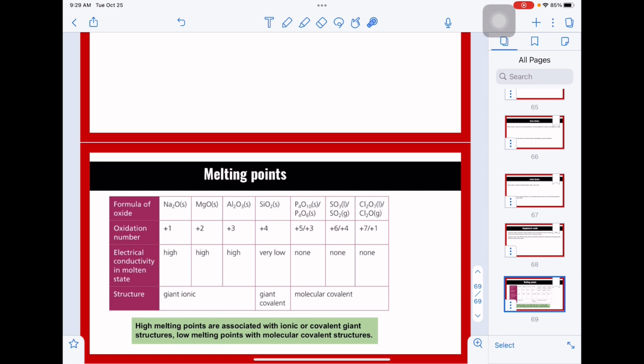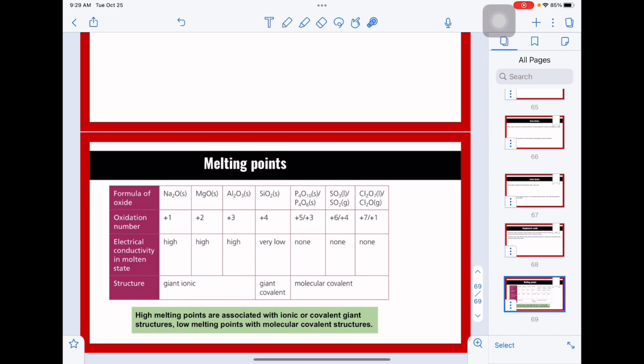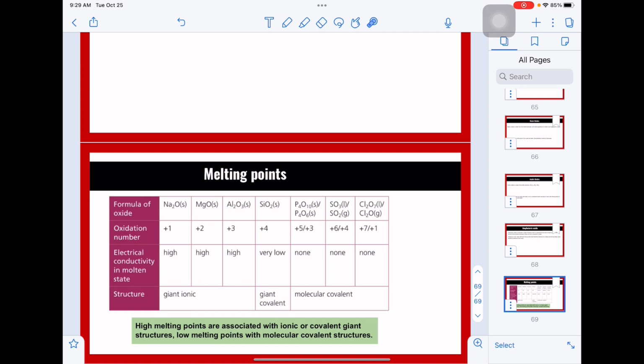Okay, the last point is going to be melting point. So I have this same table here because the structure tells us about melting point.